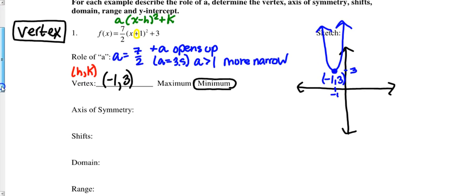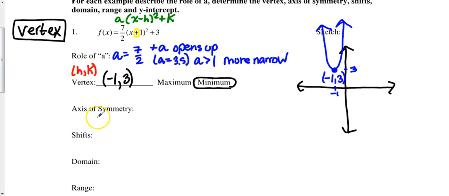Where does axis of symmetry come from? Axis of symmetry comes from the x value of the vertex, and the more you write x equals x sub v, the more it'll help it stay. That's why I continue to make little notes, like the vertex is h comma k. The axis of symmetry comes from the x value of the vertex.